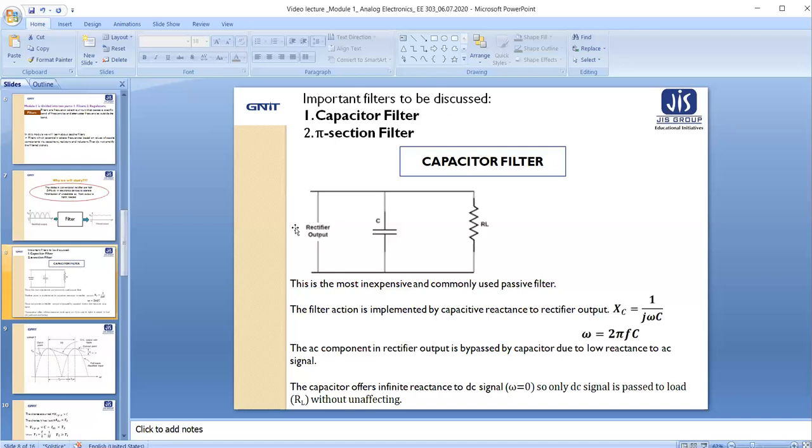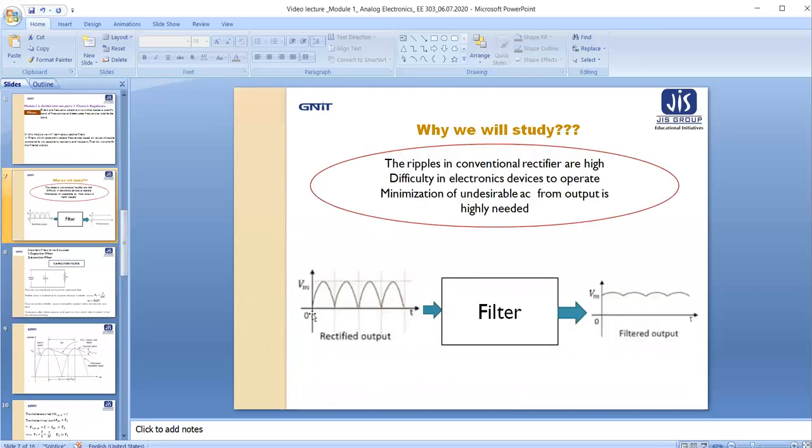So what will happen in the rectifier output? If we again go to the previous slide, we will see that in the rectifier output there are ripples present, and within the ripples there is a DC value also present. The ripples have a higher frequency compared to the DC component.